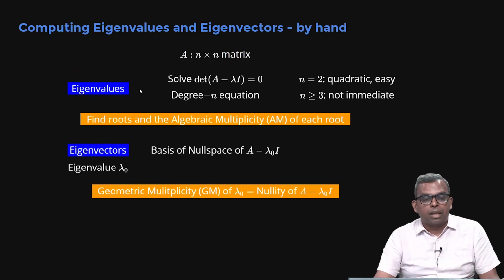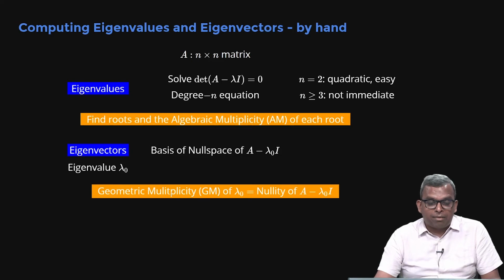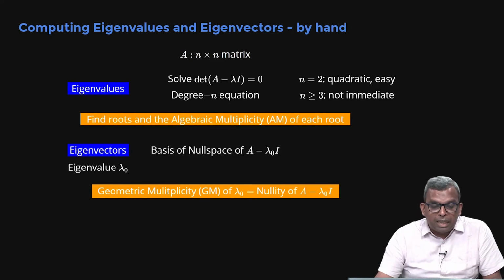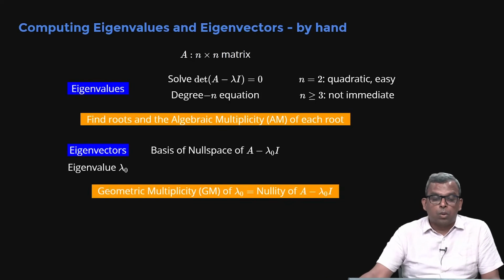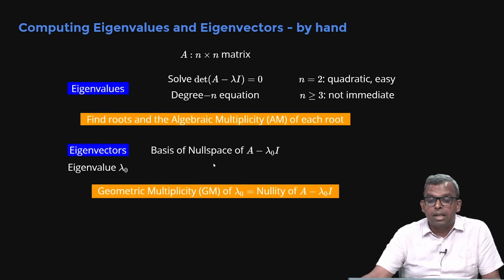You find the eigenvalues, and for every eigenvalue, find a linearly independent set of eigenvectors, and the number of linearly independent eigenvectors you have is the geometric multiplicity. So what is geometric multiplicity? It's the nullity of the matrix A minus lambda naught I, which means it's n minus the rank of this matrix.